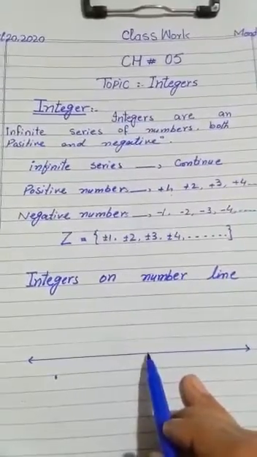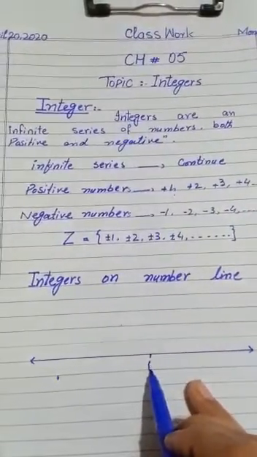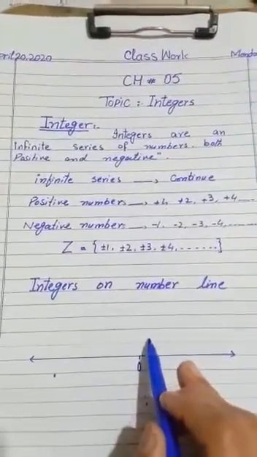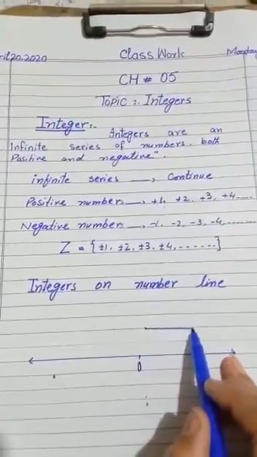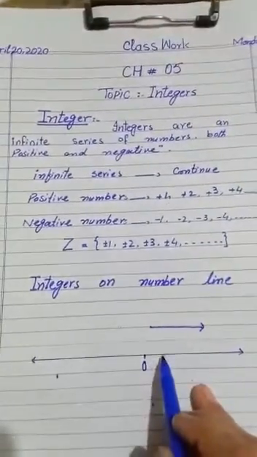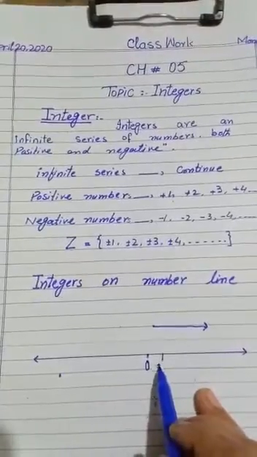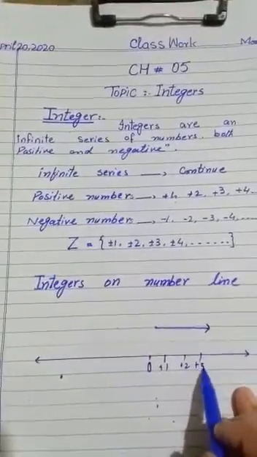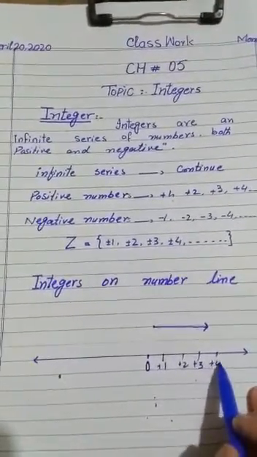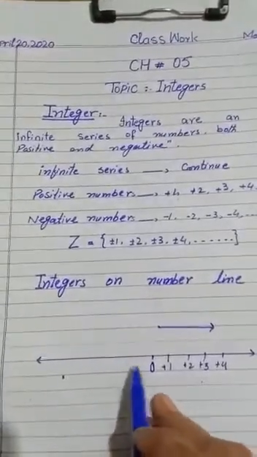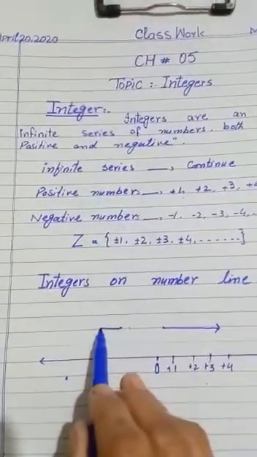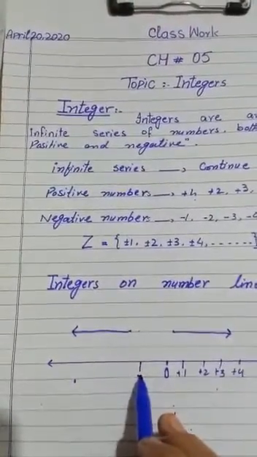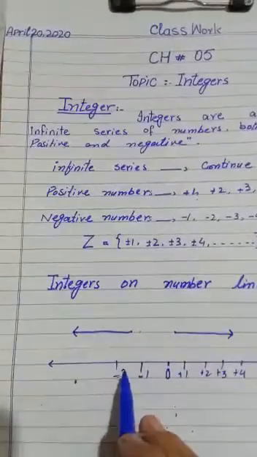On the number line, 0 is in the center. On the right side of 0 we write the numbers with the positive sign, and on the left side of 0 we write the numbers with the negative sign.